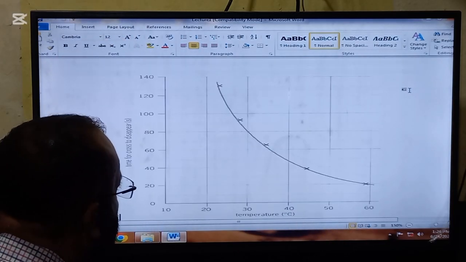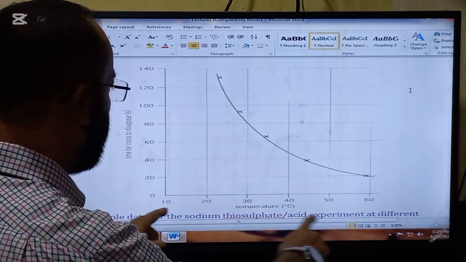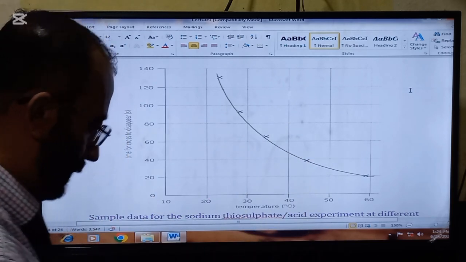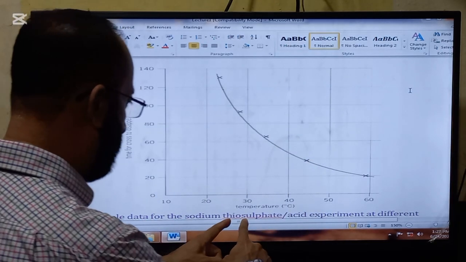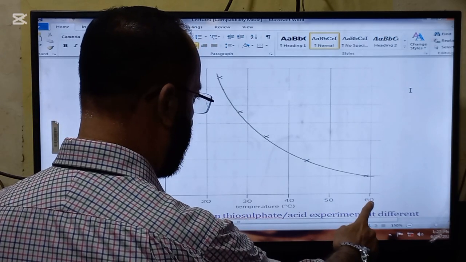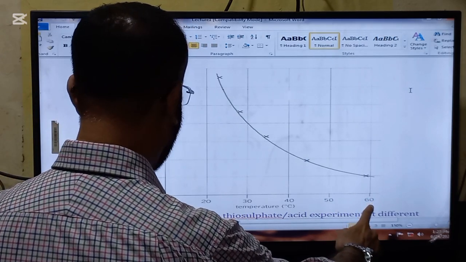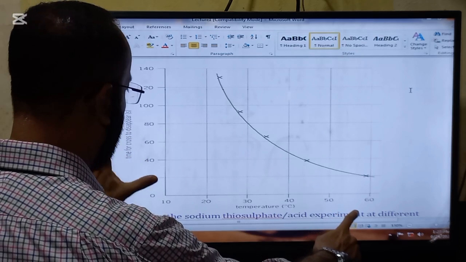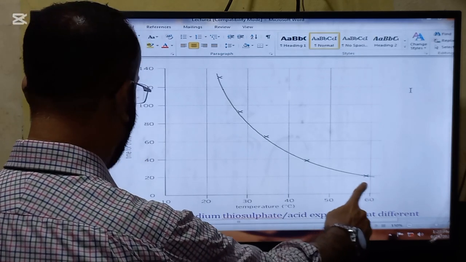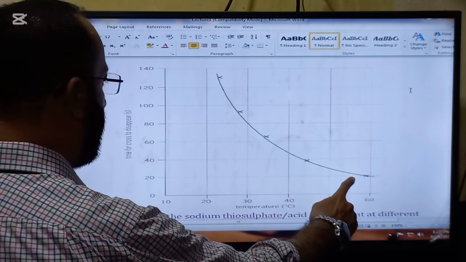So look now, here is a graph paper produced, and from the graph it can be clearly seen that when the temperature was 60 degrees C, the time taken for the solution to become cloudy was 20 seconds.